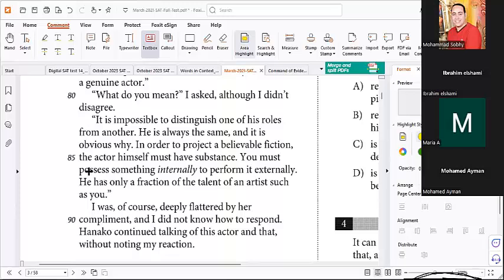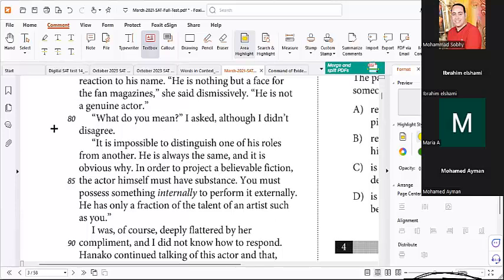The actor himself must have substance. You must possess something internally to perform it externally. He has only a fraction of the talent of an artist such as you.